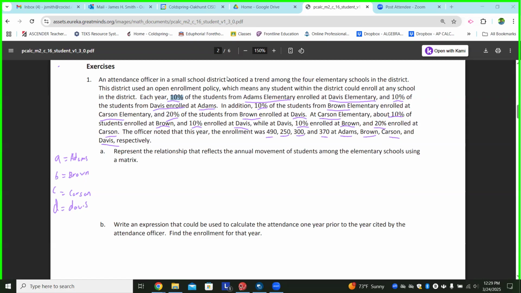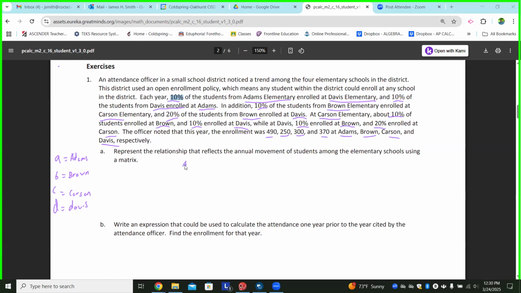All right, so we first got each year, 10% of the students from Adams Elementary enroll at Davis Elementary. So if we start off with Adams, which will be my A, there's a lot of moving around.